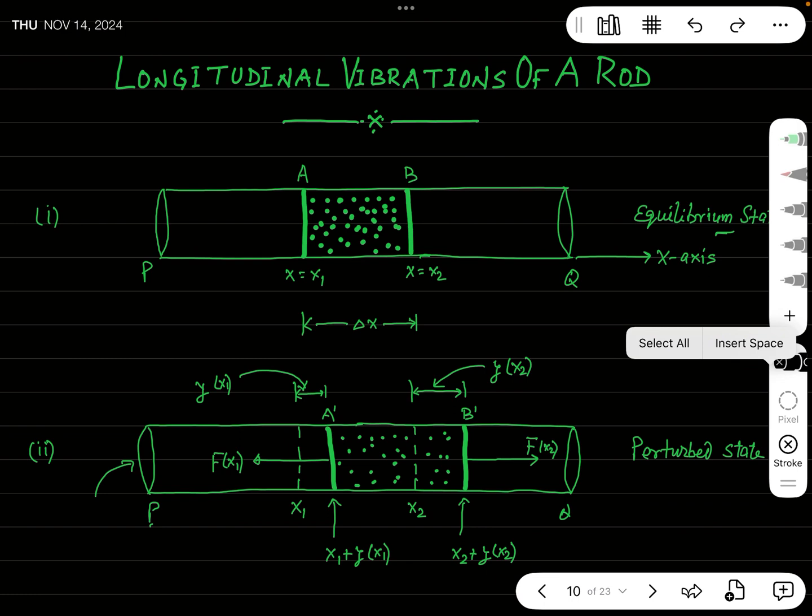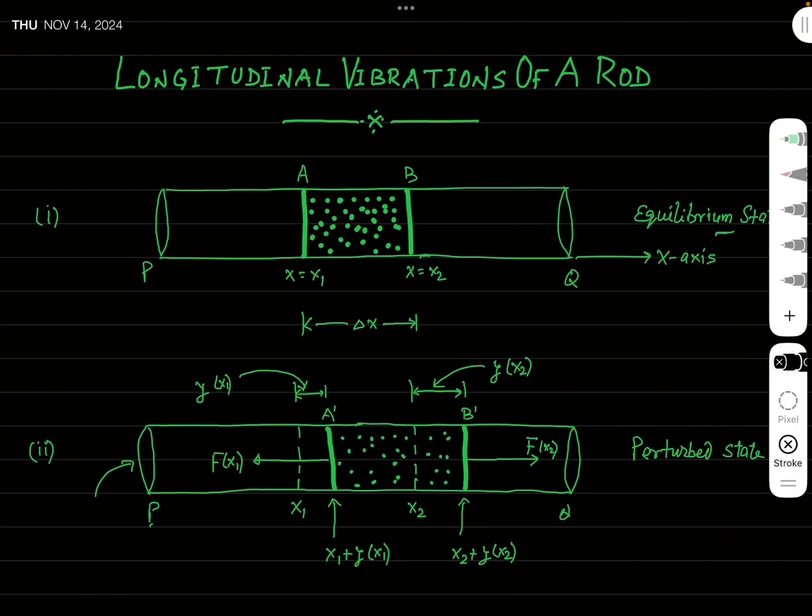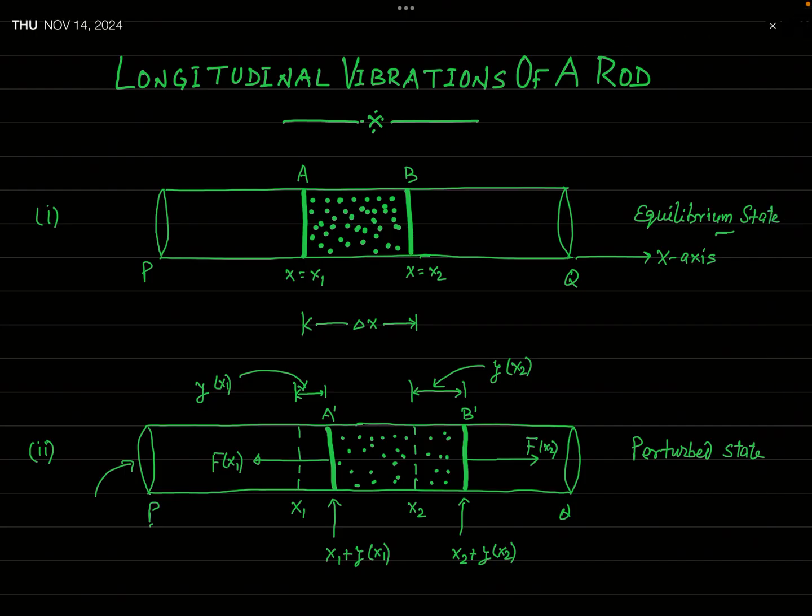But for finding the frequencies of normal modes of the vibration of rod, we must first of all obtain the equation of motion of the particles of the rod. And so in this first lecture on longitudinal vibration of rod, we will see only how to write the equation of motion. And from that equation of motion, again you will find a very important formula, which will be just identical to the result as we have seen in case of vibration of a string.